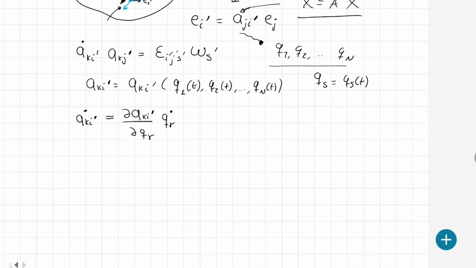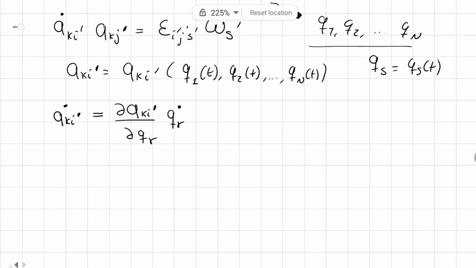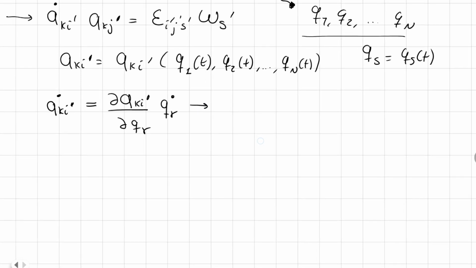So, using the expression that we have here, we are going to substitute the results.